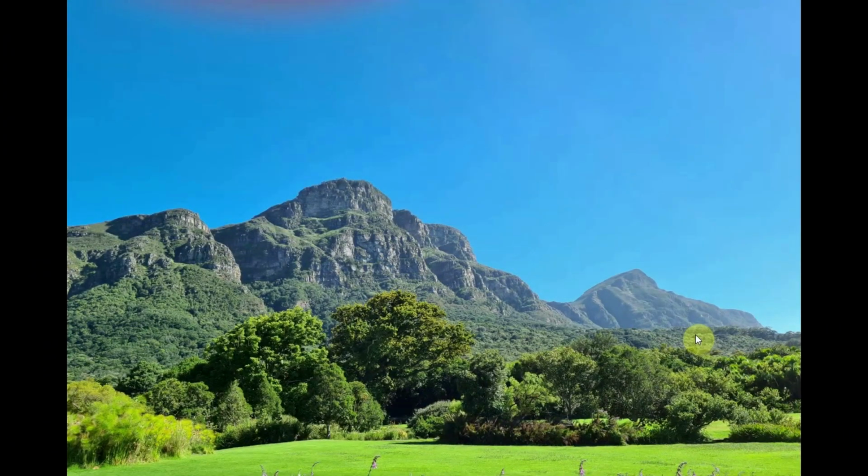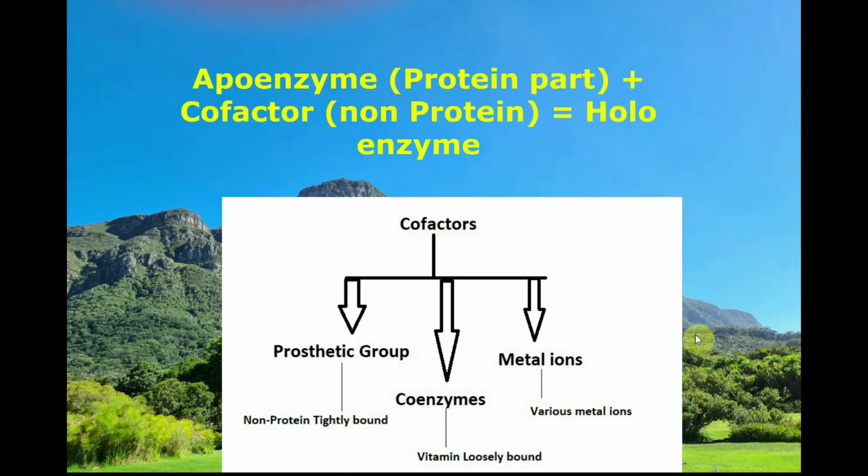Let us study a new concept in enzymology, that is the cofactors. So what actually are cofactors? You know, enzymes are composed of proteins, but there is some other part that is not a protein. So an enzyme has a protein part and a non-protein part.